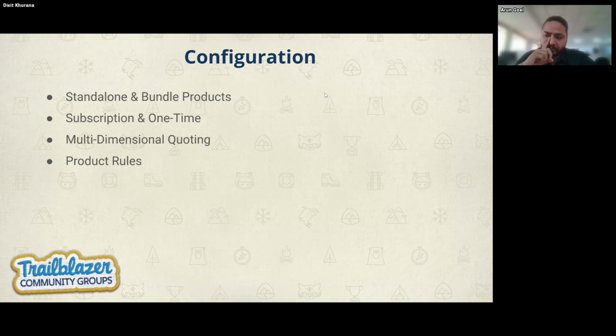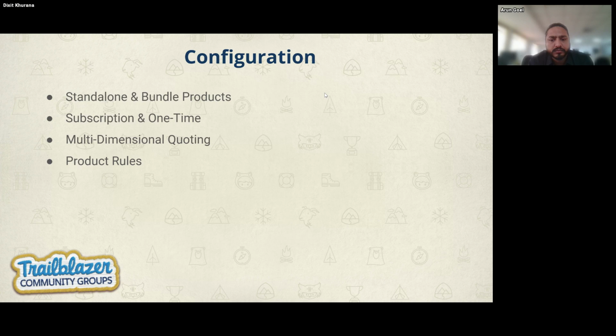So let's suppose you have added a product onto the quote, and you will see three quote lines for that particular product. Three quote lines means for every year you can individually configure the pricing and discounts.